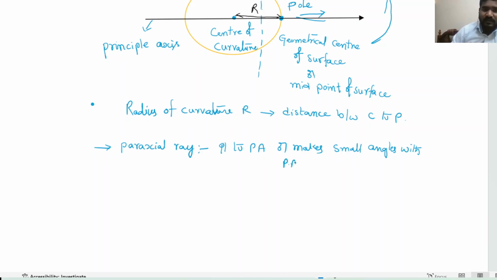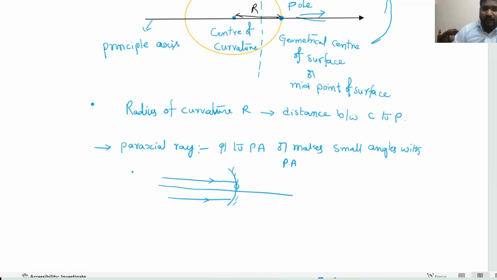For example, if you take this as your curved surface and here as the principal axis, a light ray which is parallel to the principal axis and makes very small angles with it, you can take as a paraxial ray.